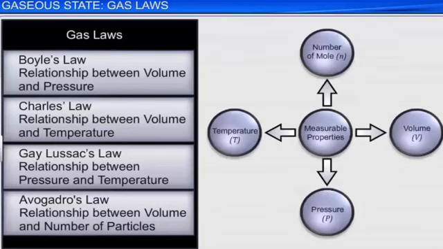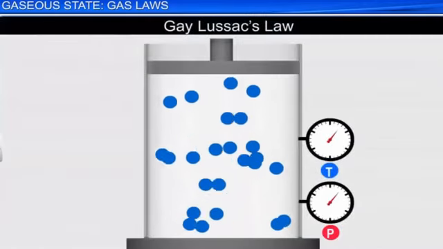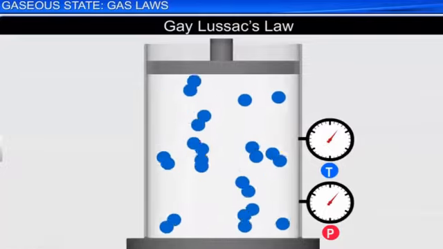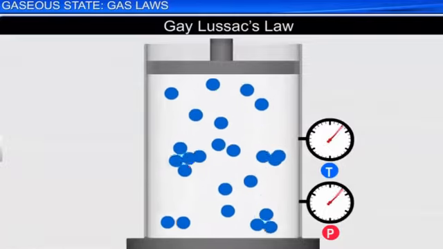The next law is Gay-Lussac's law. According to Gay-Lussac's law, at constant volume, pressure of a fixed amount of gas varies directly with the temperature.